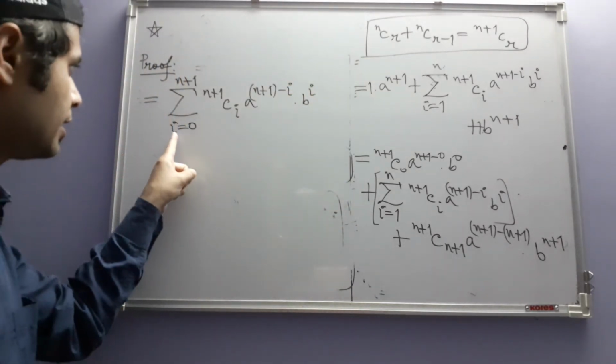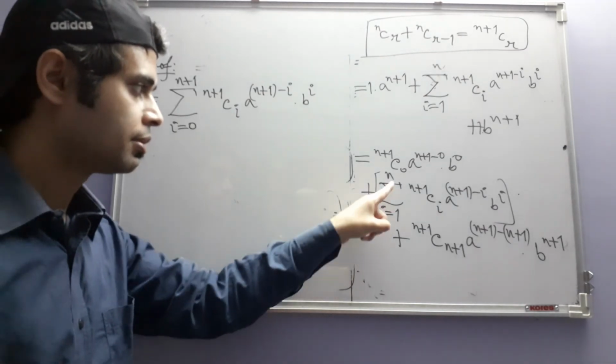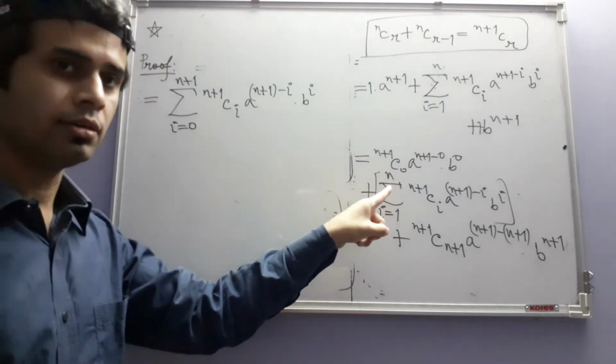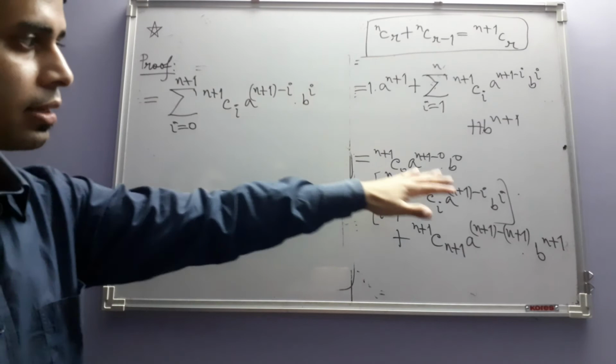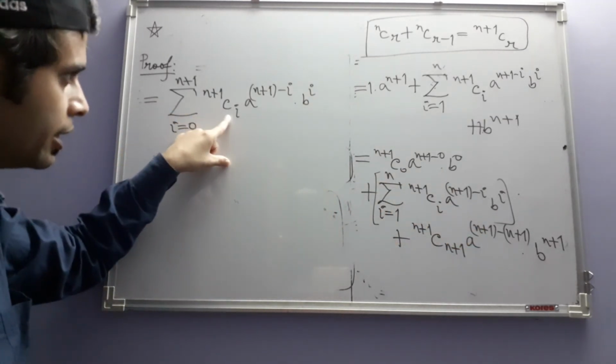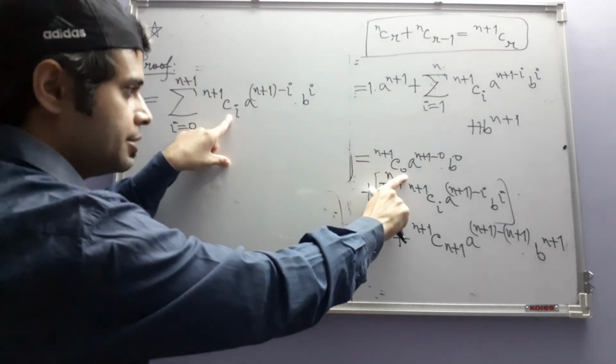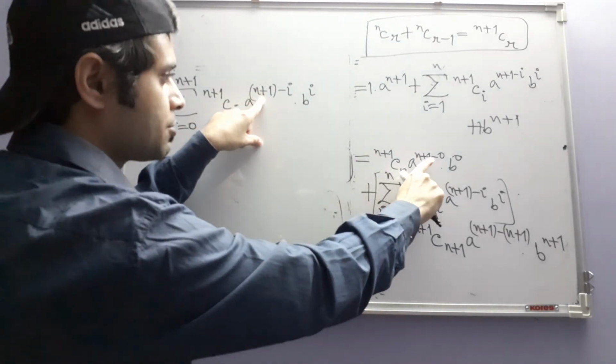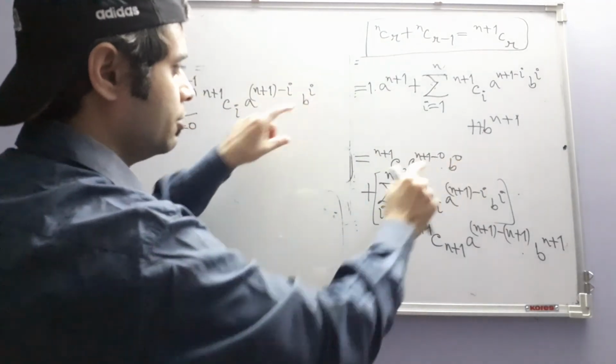You see, when I write here, of course I have i varying from 1 to n, but we have two extra terms outside this sum. When I put i equal to 0 here, I get (n+1)C0, a to the power n plus 1 minus 0, b to the power 0.